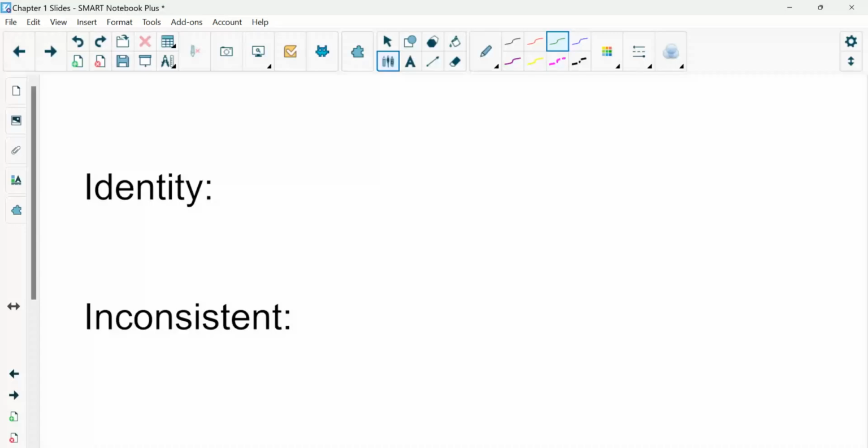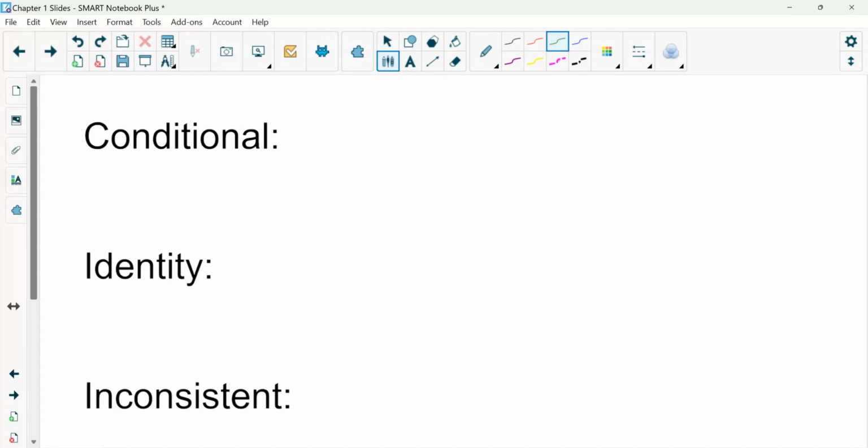And what we're doing today really is just using some vocabulary and the fact that we can solve these equations to determine what types of equations they are. So you can title this types of equations.